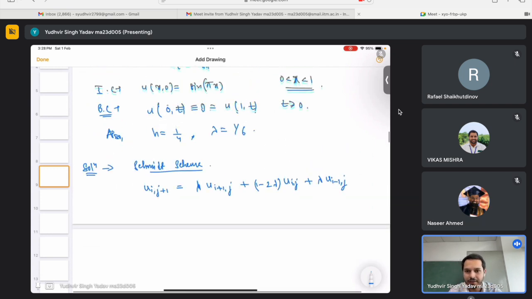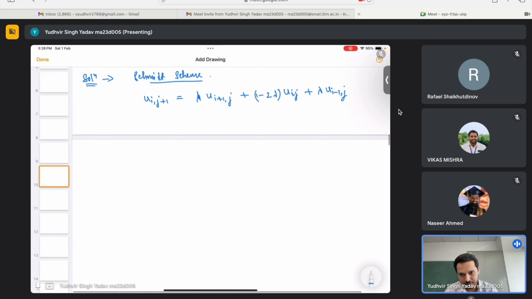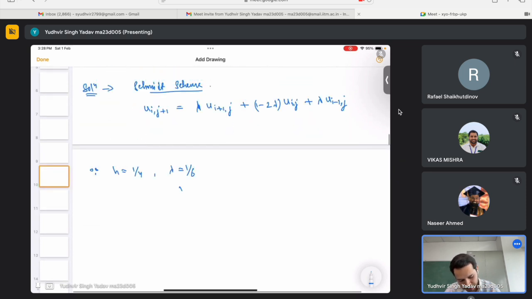And in the question, we have been given h and lambda, but we do not have the step size in the time direction. So first we will find that. Since we have h equals to 1 by 4 and lambda equals to 1 by 6, as we know, lambda is nothing but k by h square. So from here we will get the value of k, and it will be 1 by 6 times 1 by 16, that is 1 by 96.